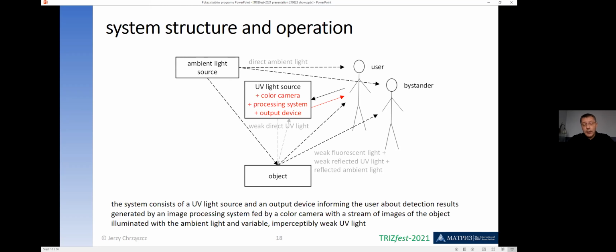The object is illuminated with a very weak UV light, so that neither the exciting beam nor the object response, that means the fluorescent light or reflected UV light, can be seen with the naked eye, which makes the detection perfectly imperceptible. The UV beam should also be modulated to make sure that we will recognize as the fluorescent markers only those patterns that appear when the UV light is on and disappear when it is off.